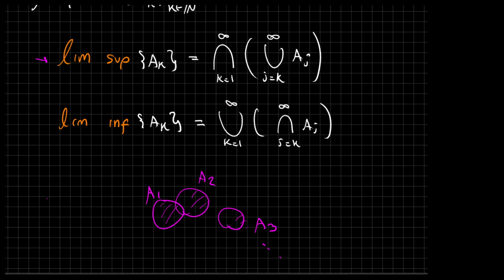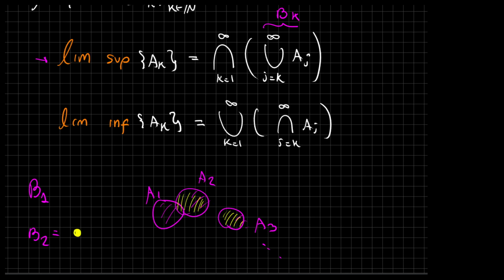And then you can call these some sets B. So this will be our B sub 1. Our B sub 2 will be starting from k equal to 2. So you stop considering this set and you only take the elements that follow.